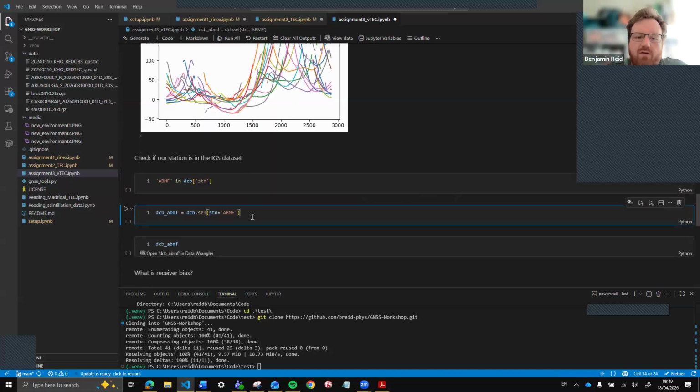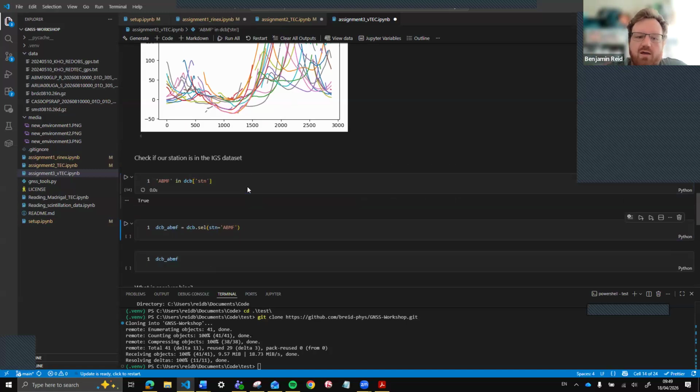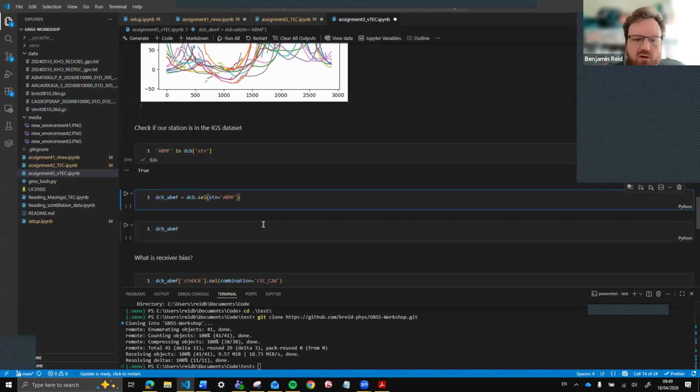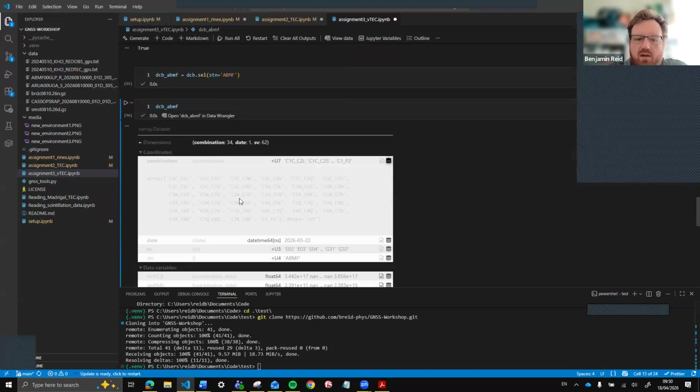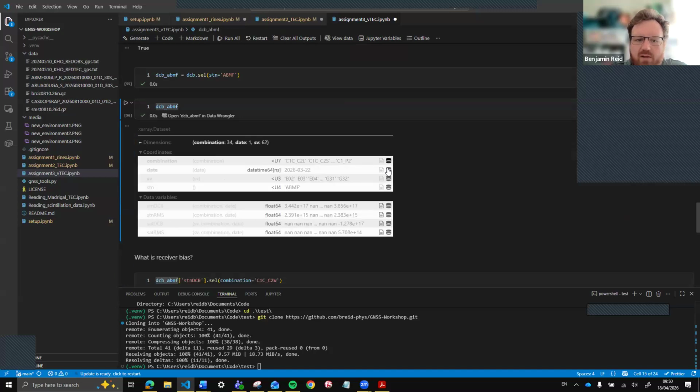So what the SINEX file lets you do, we'll just check ABMF is in the data for the SINEX file because this is an official IGS station. So we can select the subset of the data that corresponds to that station. And if we take a look at it, we have a whole list of all kinds of combinations in this file.